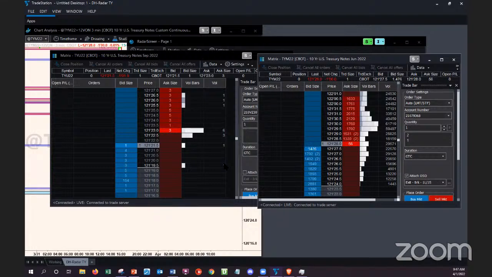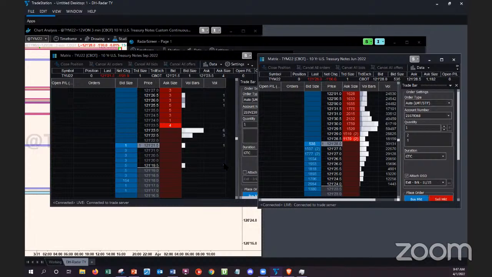Now, when you get into spreads, TradeStation does not have a good system for doing spreads, but there are other platforms that do that. When you put on a spread, your margin, instead of being about $2,000 a contract, drops to $150, $200.